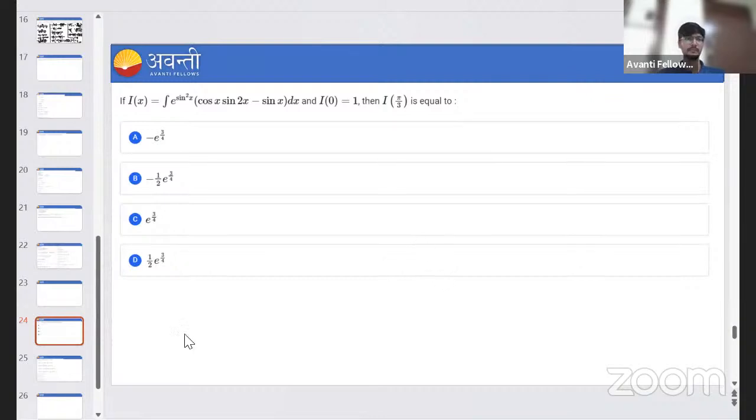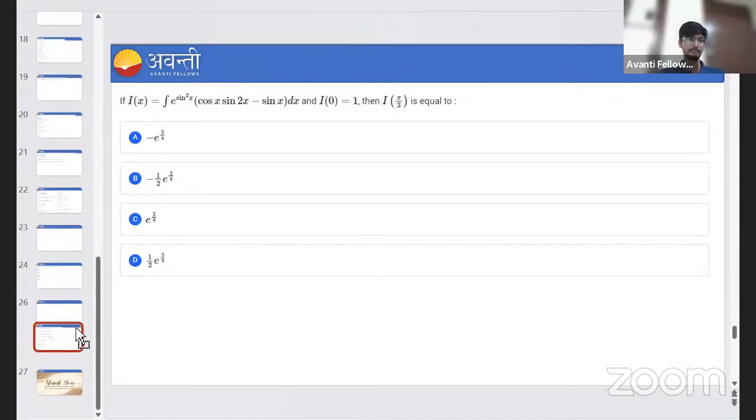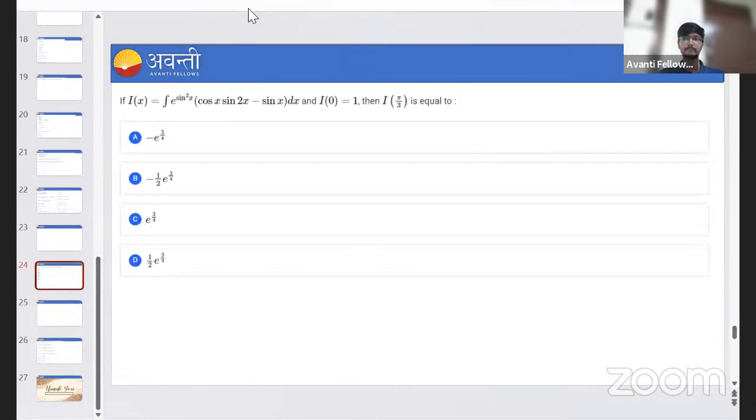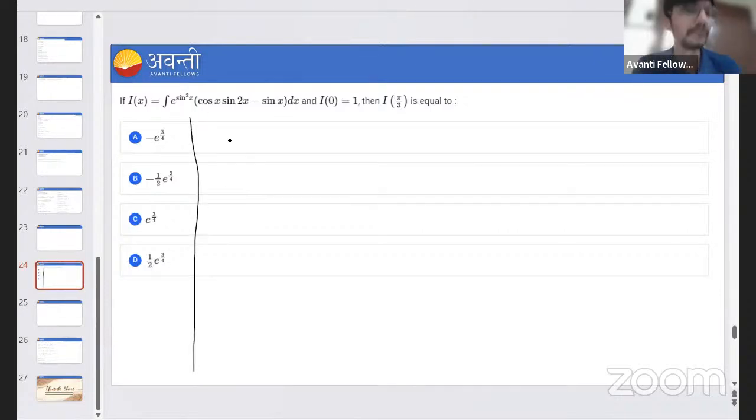So let's look at this one. Let's look at this. So here, we'll write it here. So here we are given this is equals to this and we have to find I of pi by 3. So what we'll do is the next question, what we can do, we'll first separate these.